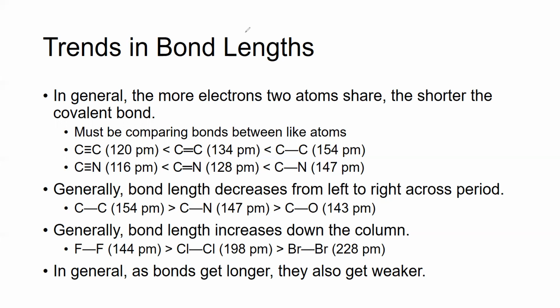This is the fourth test you've taken in this class, so hopefully you know the whole show, how it's going to go down. The octet rule is what we have been doing with our Lewis structures and bonding.